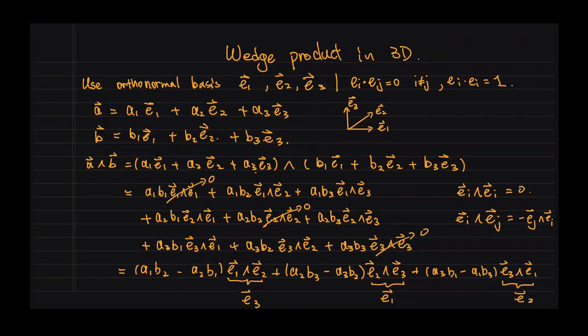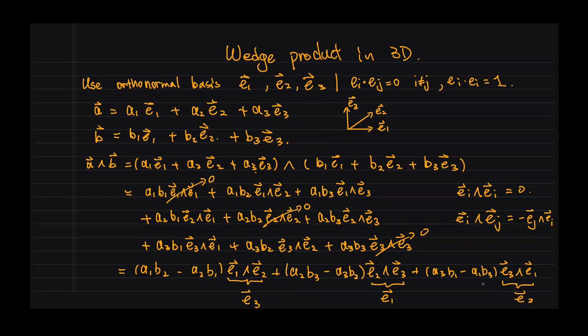These represent a normal vector perpendicular to A and B. But we are not doing that here because the normal vector is only easy to interpret in 3D. In higher dimensions, it's difficult to interpret the normal vector.